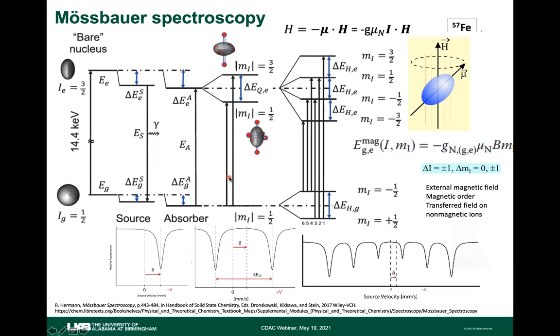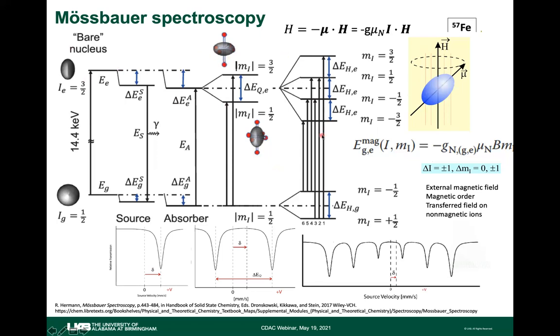If you take a measurement in the energy domain, you will see a doublet. This is typical for iron 57, and this example is all limited to iron 57. For different isotopes, you would see very different transitions based on the ground state and the excited state quantum numbers of the nuclei.